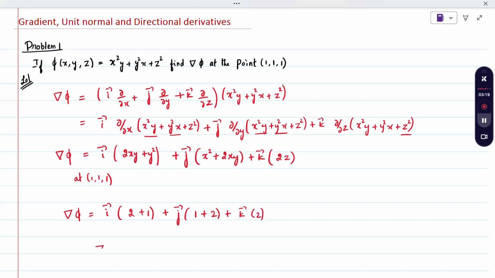So simplify this and you write del phi is nothing but 3i vector plus 3j vector plus 2k vector, my final answer.